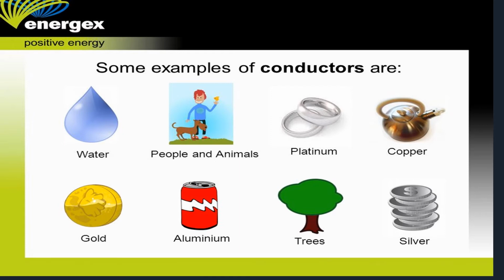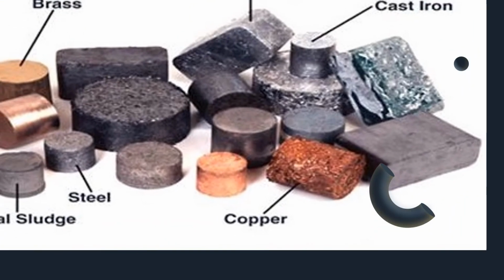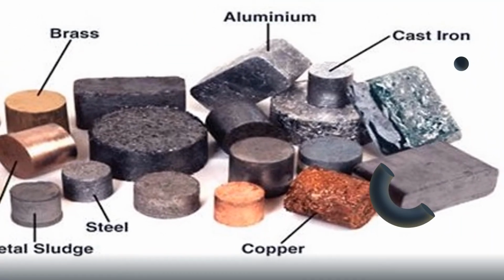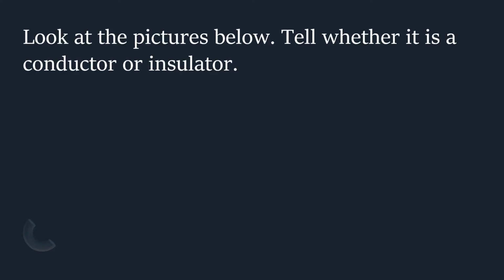Another example of a conductor is a tree. The other types of metals which are good conductors are brass, aluminum, cast iron, copper, steel, and metal sludge.